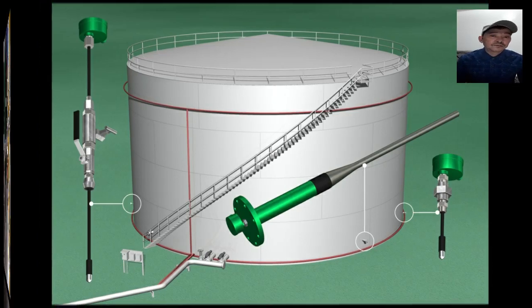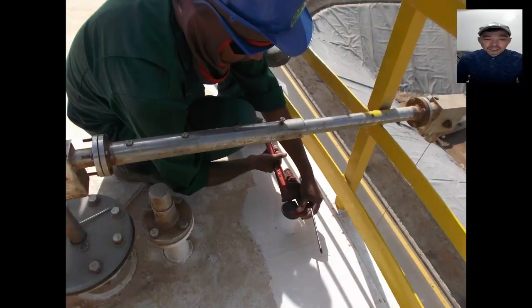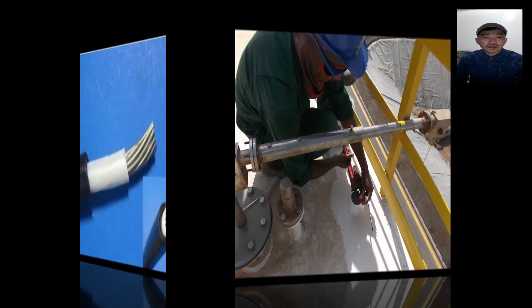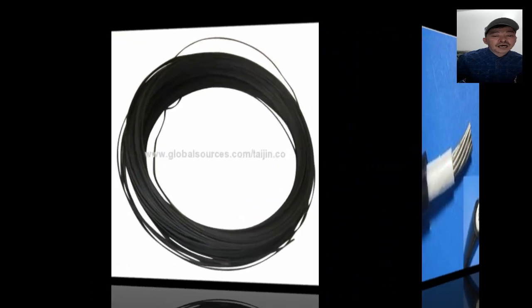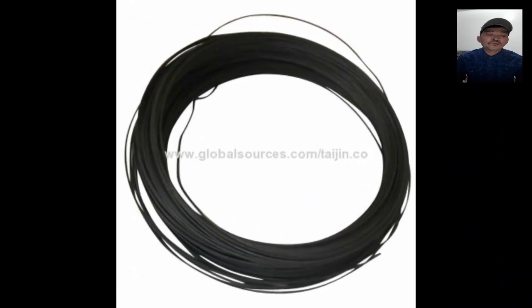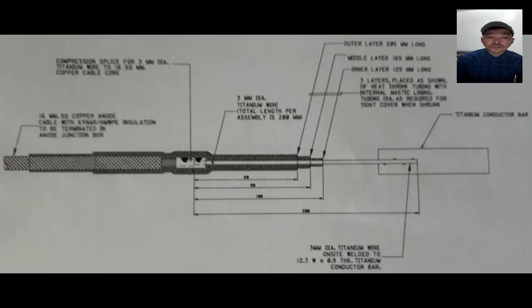So we need to make a final verification of the location of the corrosion probe or the coupon, because we have some splicing between the anode cable and titanium wire for connection to the titanium bar. We need to take note of this activity.